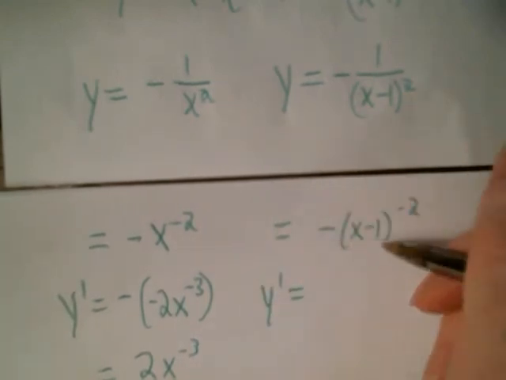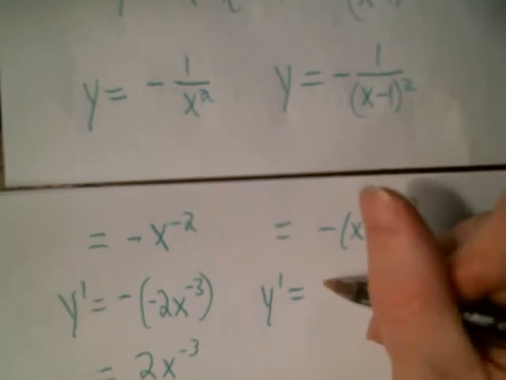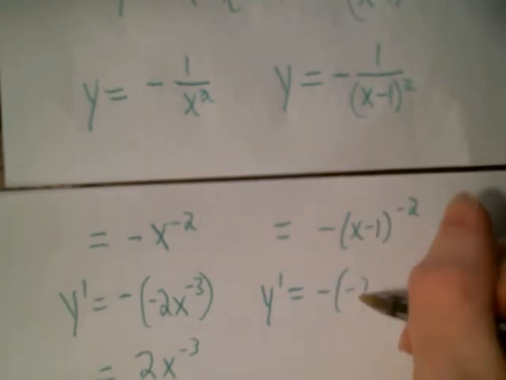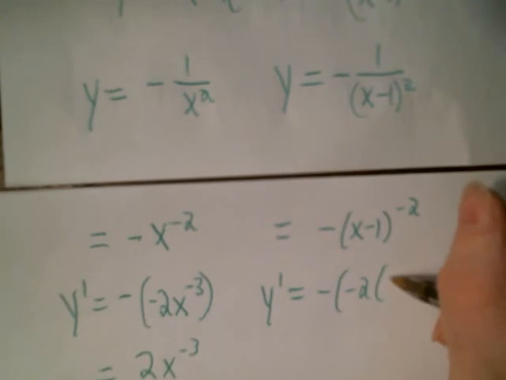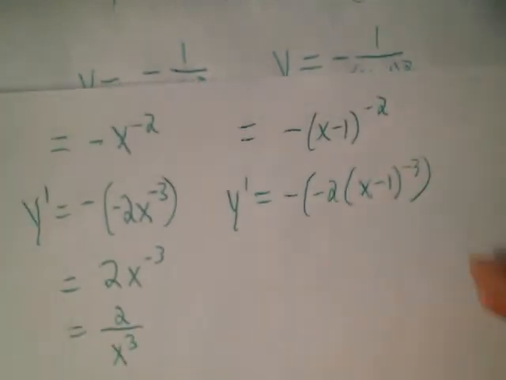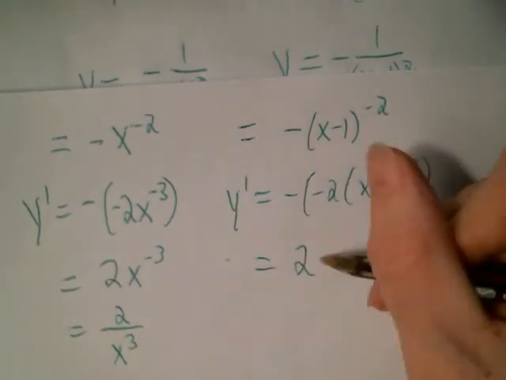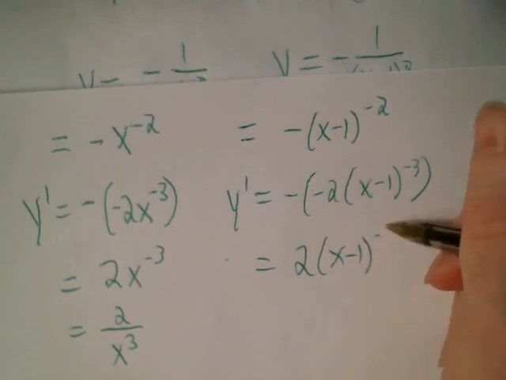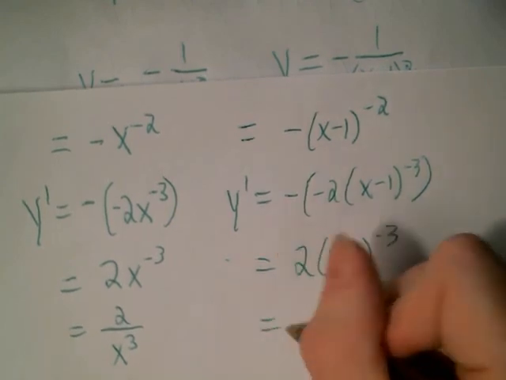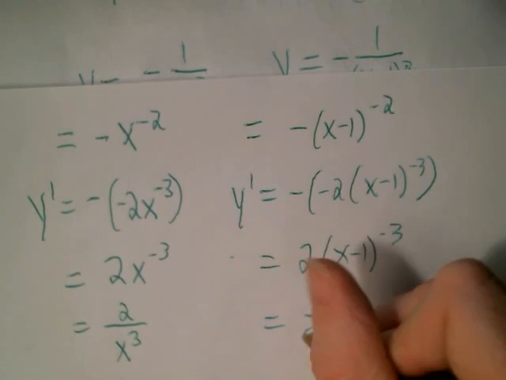So bring down the negative 2, negative 1 times negative 2 again, we can write it out in all of its glory if you wish. And then y prime, when I simplify, will be positive 2 times x minus 1 to the negative 3. And that'll be equal to 2 all over x minus 1 cubed.